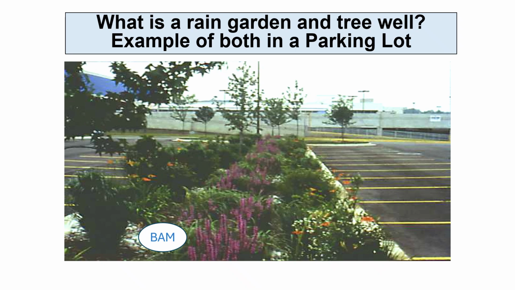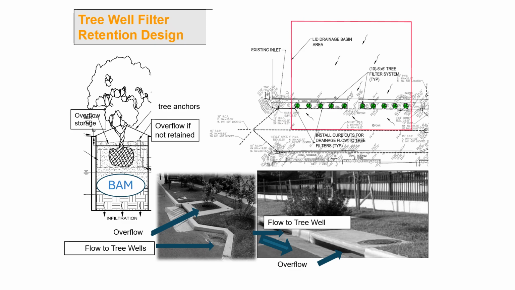groundwater from pollutants. This slide illustrates a tree well filter retention design, which serves as an important component in managing stormwater runoff. The fundamental principle behind the pollution control of these systems is their retention capacity, where runoff water infiltrates through a column of specialized media and soil, eventually percolating into the ground.